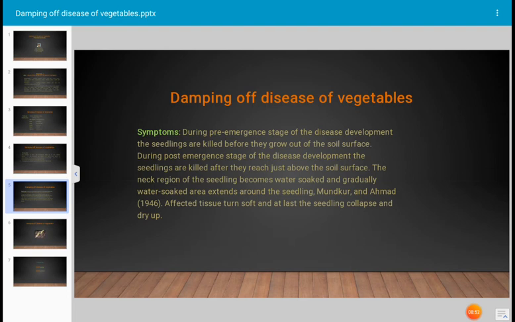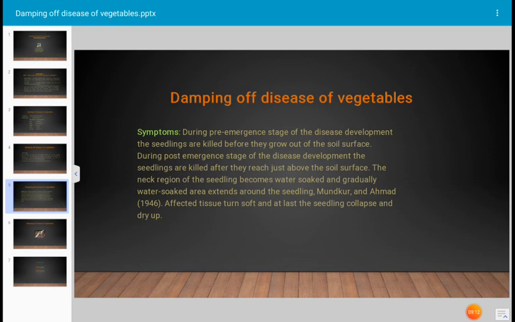This stage, which causes such symptoms after emergence of the seedling, after the seedling is visible out of the surface, is post-emergence damping off symptoms. Okay, this you have to remember and this you have to write down.